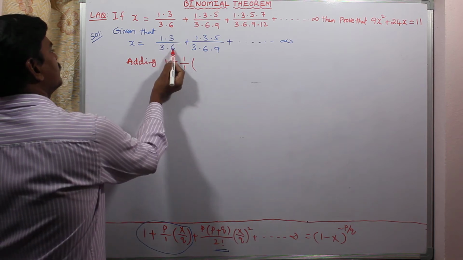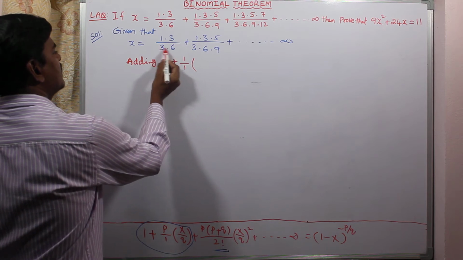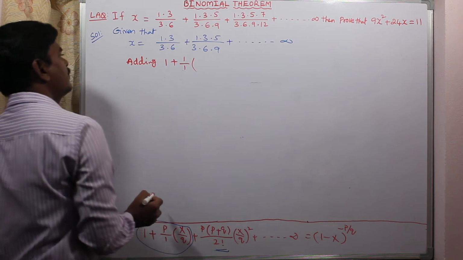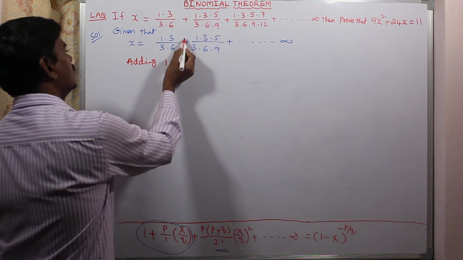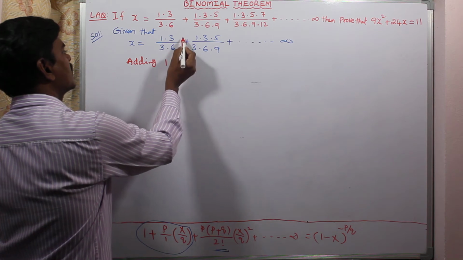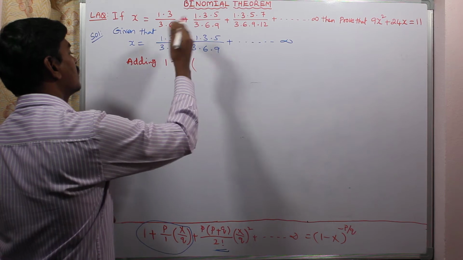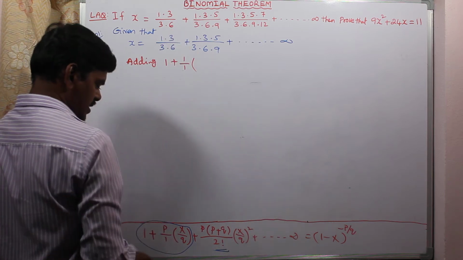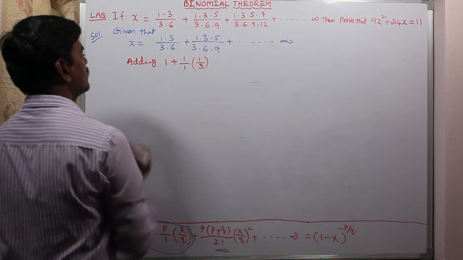In general, we keep 3 aside because each denominator involves multiples of 3. So I need to keep 3 aside in the denominator, meaning overall we keep 1 by 3 aside. That 1 by 3 will be treated as X by q. So X by q is nothing but 1 by 3.